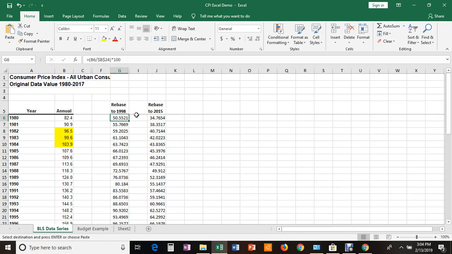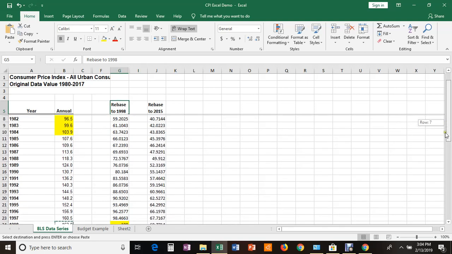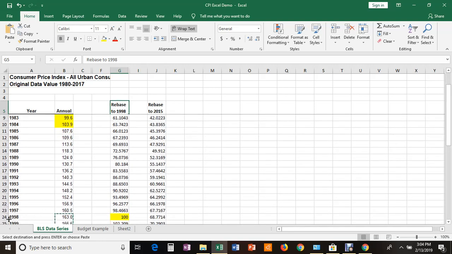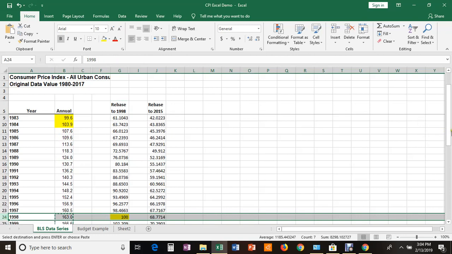I know I want to rebase in this one to 1998, and I'm going to get to 2015 in a second. But for this one, I want to rebase to 1998. So 1998 becomes my new base year. So 1998 is right here in row 24.